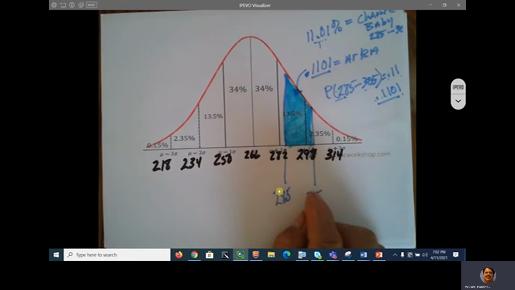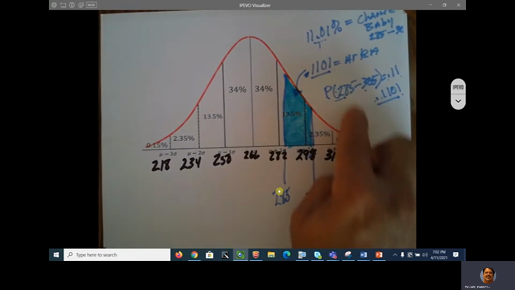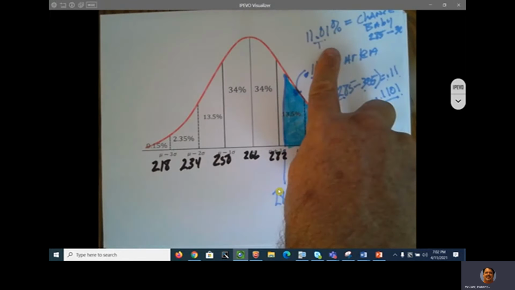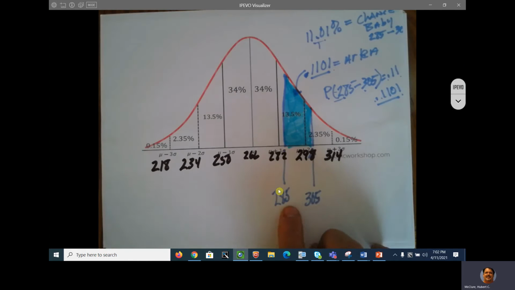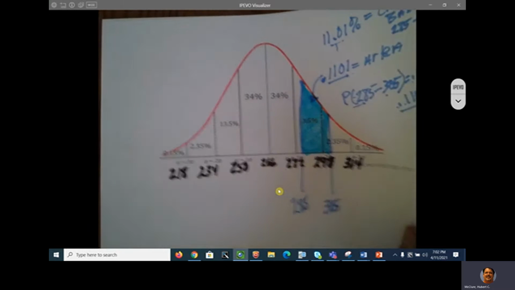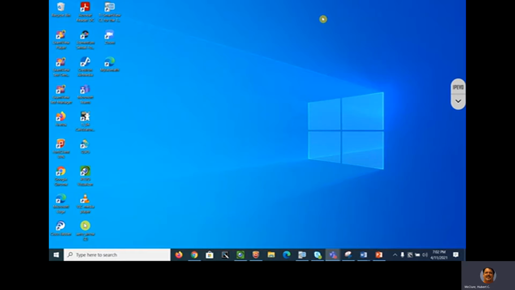And there is an 11.01% chance that your baby will be delivered between 285 days and 305 days. And that's number 35. And like I said, 3 people asked that question, so I'm not going to do it 3 times.